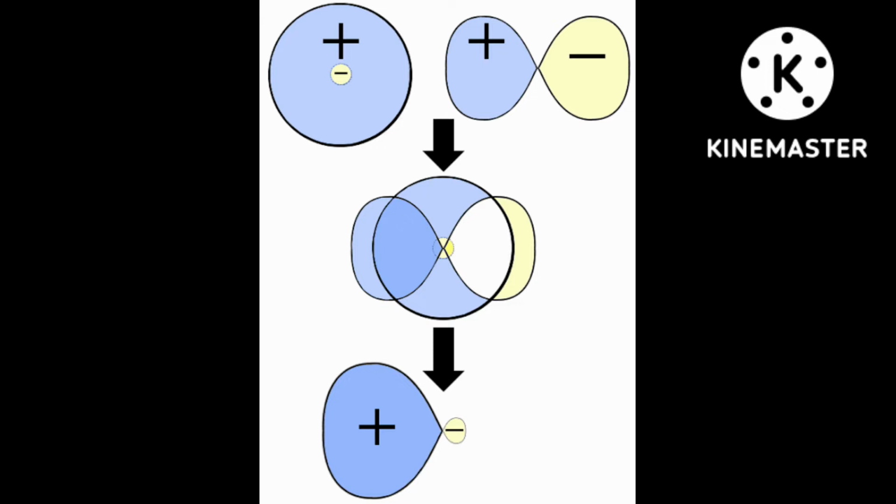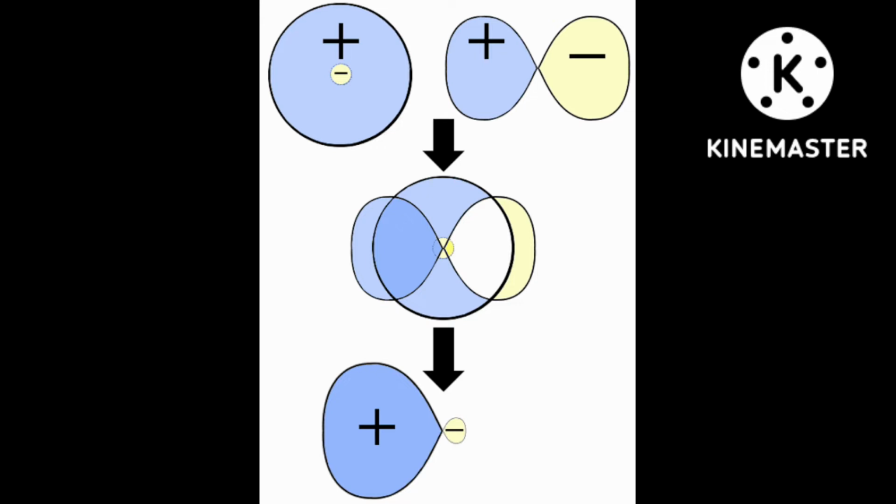What is the purpose of hybridization, or mixing of orbitals? Its purpose is that they should get equivalent energy, because s and p orbitals have different energy.